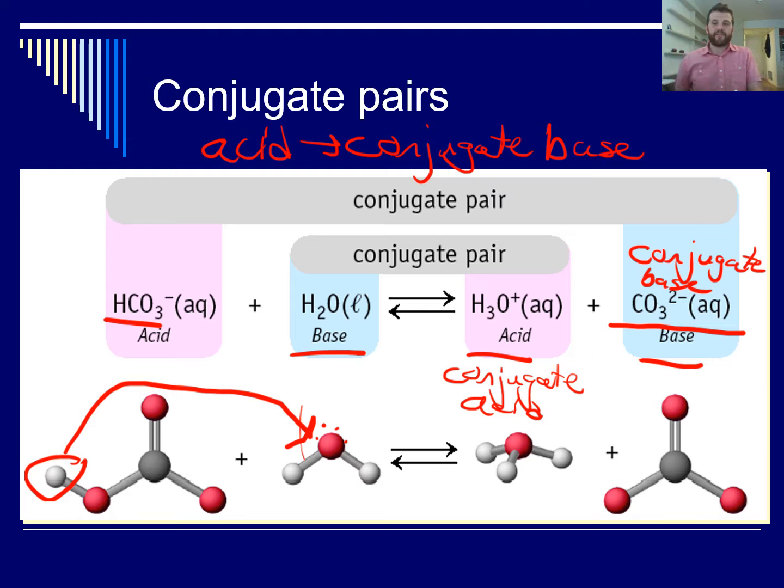What that means is if I took this CO3 2 minus out of solution and put it into plain water with nothing else in there, it would start to act as a base and become its conjugate acid pair. So this is something that we're going to work on more in class one-on-one because it's easier for me to explain and show you what's happening. So basically an acid turns to a conjugate base after it's given up that proton, and then you can see this base turns into a conjugate acid.